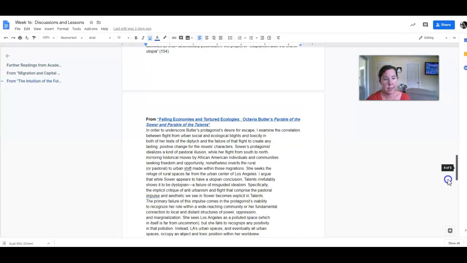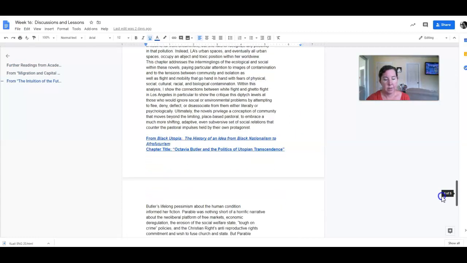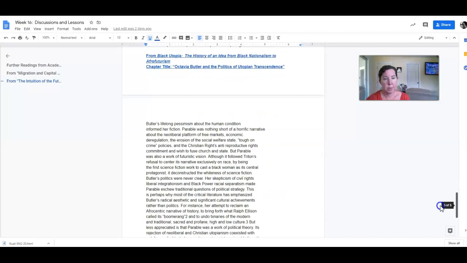So lastly, the final excerpt I have is from the book Black Utopia: The History of an Idea from Black Nationalism to Afrofuturism. The chapter title is Octavia Butler and the Politics of Utopian Transcendence.